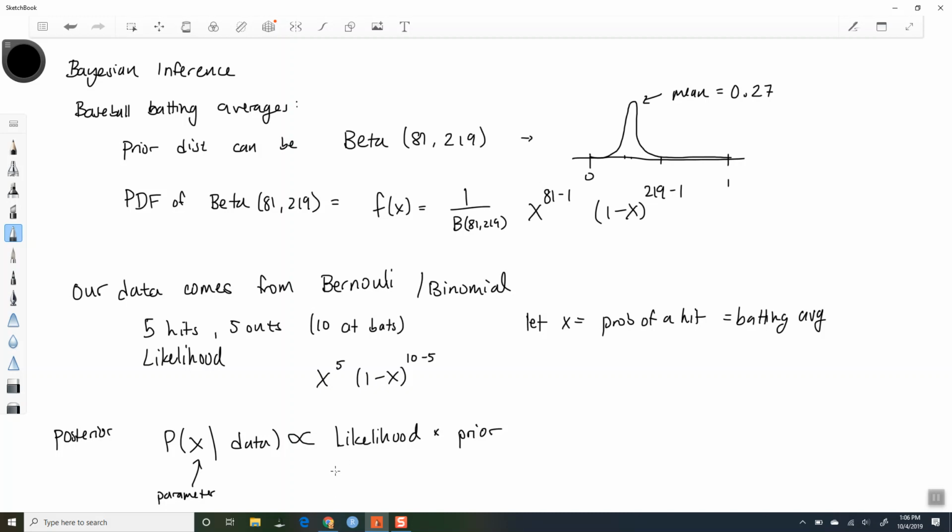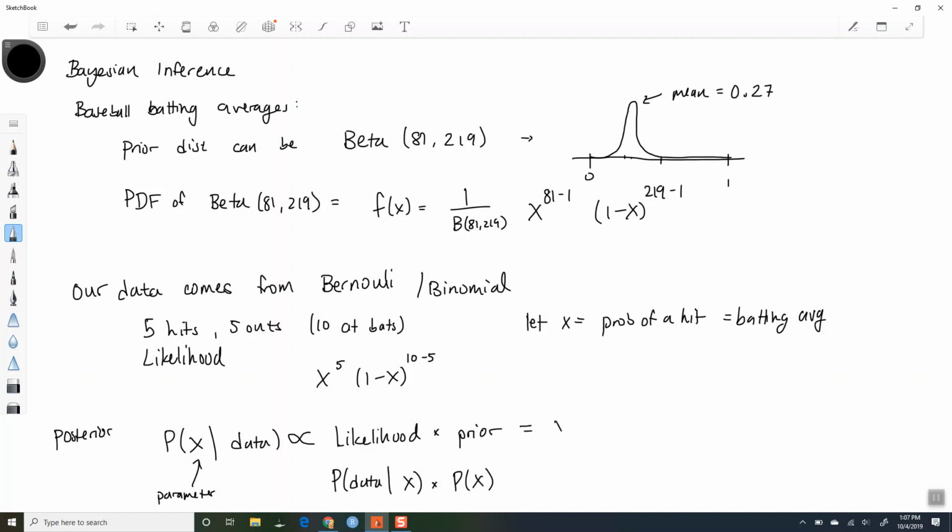All right, and so the likelihood here is the probability of getting our data given the batting average x, times the prior distribution, which is going to be our beta.